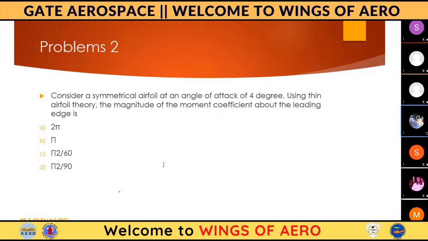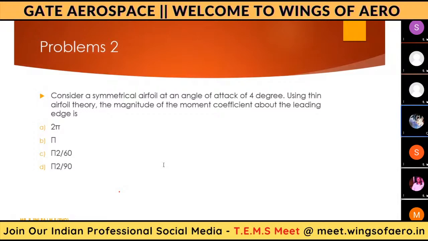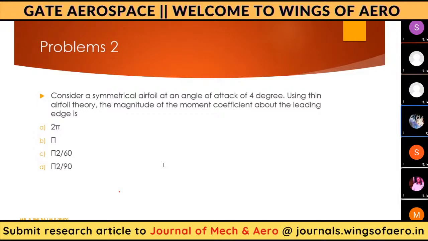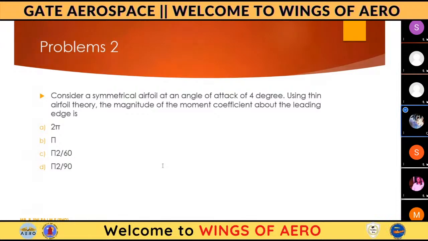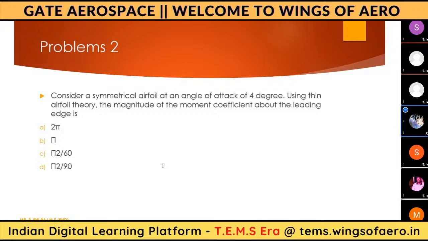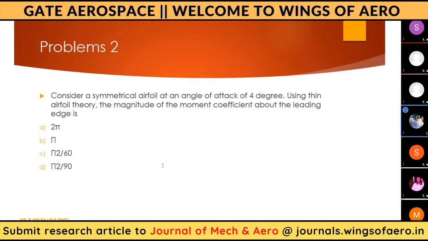Sir, we have to convert alpha from degrees to radians. Yes, that was the important thing you need to do. So 1 degree is equal to 1 by 57.3 radians, or else you can just put pi by 180.